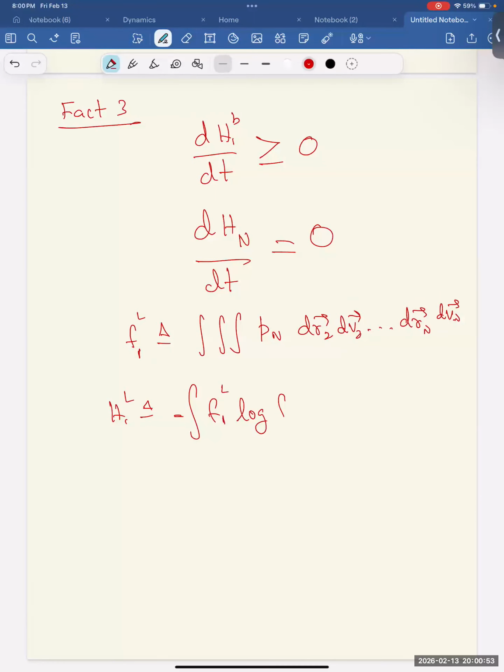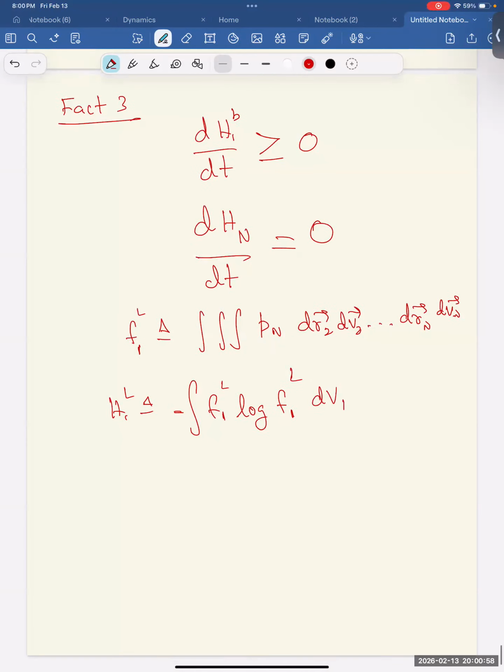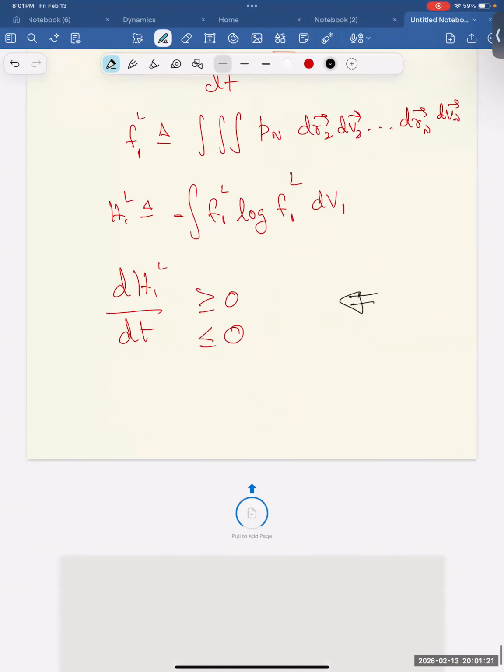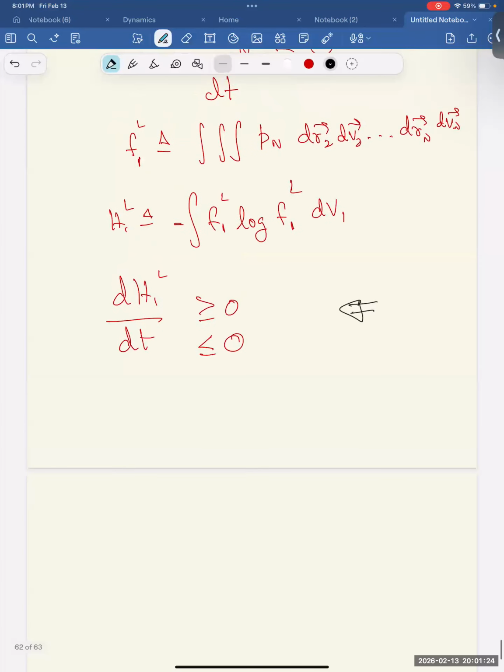If this is the case, and we define H1L as the integral of minus F1L log F1L dv1, then dH1L by dt can be greater than or equal to 0 or can be less than or equal to 0. Okay, so this is not the same as the Boltzmann entropy. Okay. And the reason is, let's write the following.